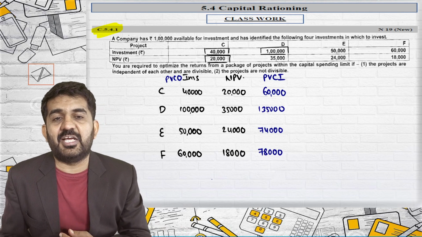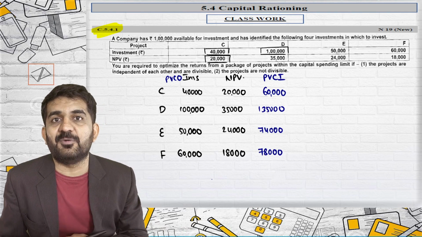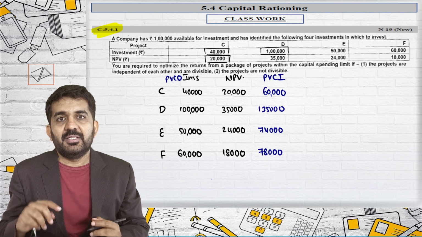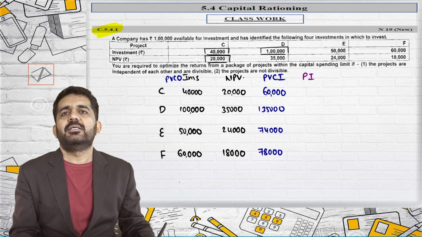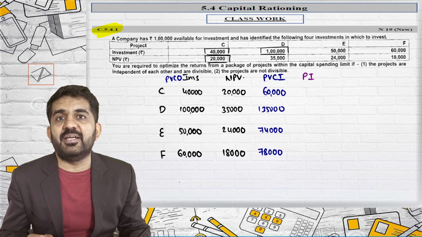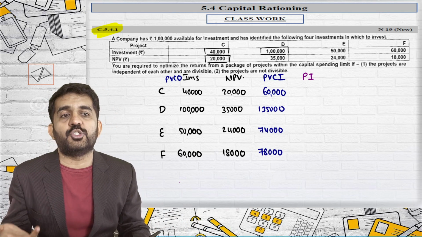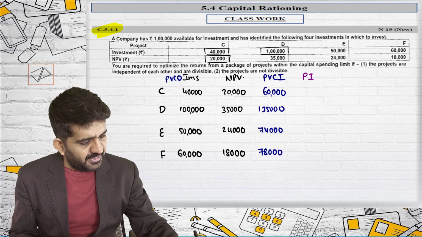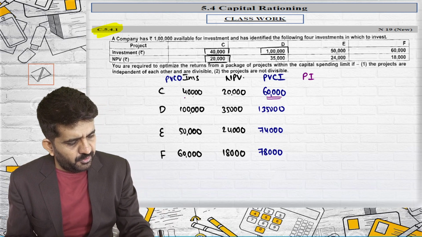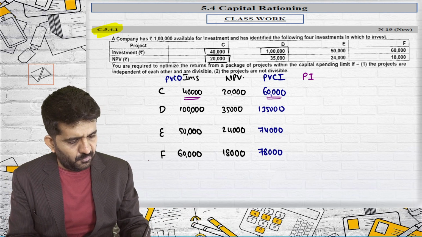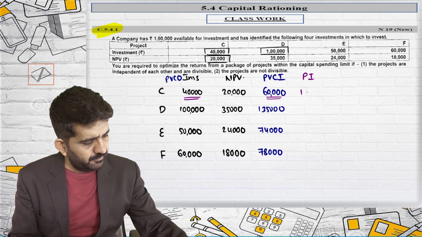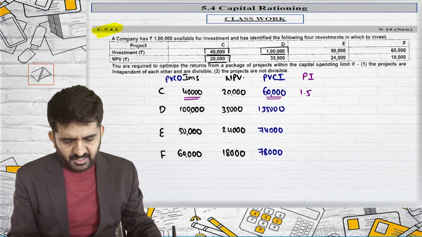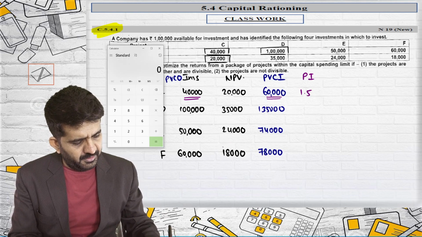In capital rationing, how to rank the project? We have learned it. The method is profitability index. By profitability index, I can give weight or ranks to the project. It is present value of cash inflow divided by present value of cash outflow. That is 6 divided by 4, which is 1.5. This is 1 lakh, 1.35 divided by 1 lakh.